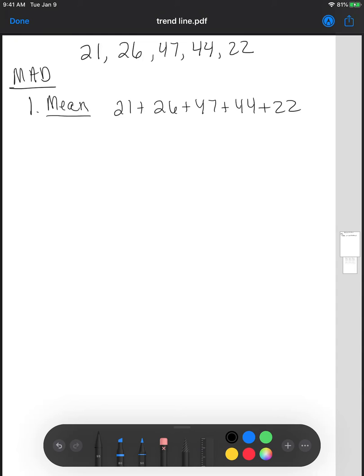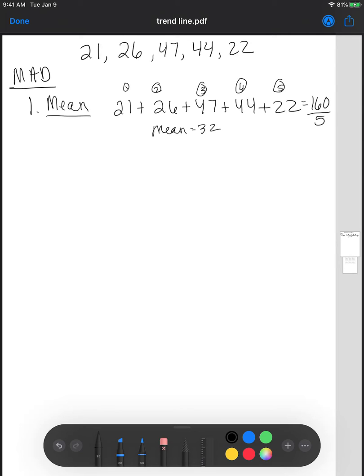That equals 160. Now I have 1, 2, 3, 4, and 5 data points, so there are 5 numbers, and I'm going to divide by 5. So my mean is 32.